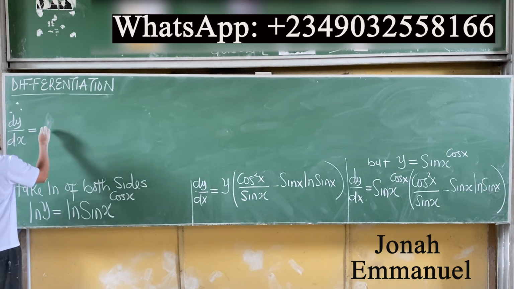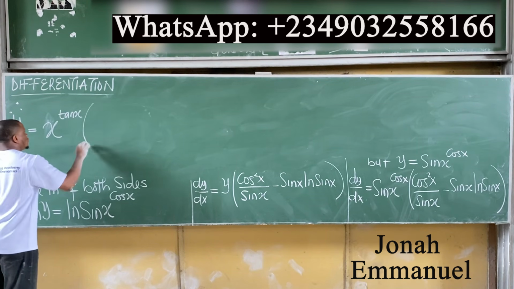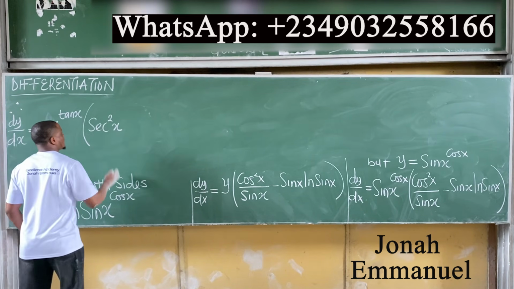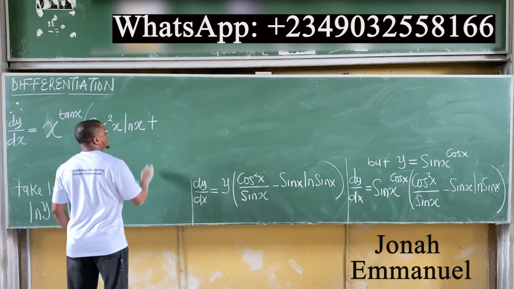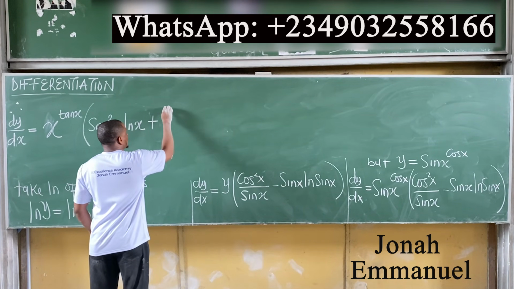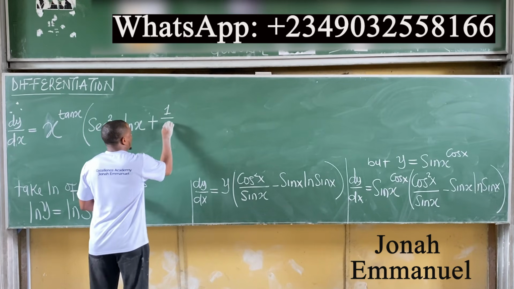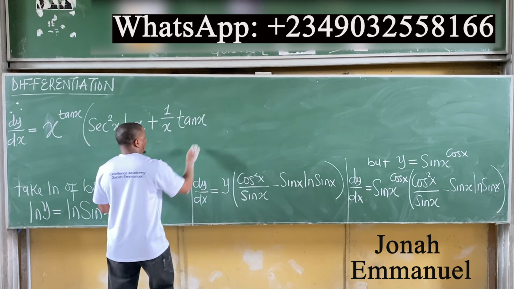Hold on. x to power tan x into sec squared x ln x plus 1 over x tan x. The first one here.